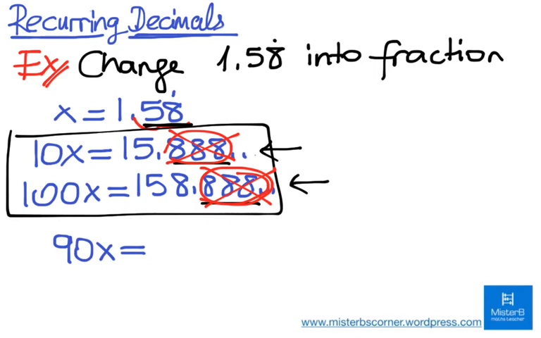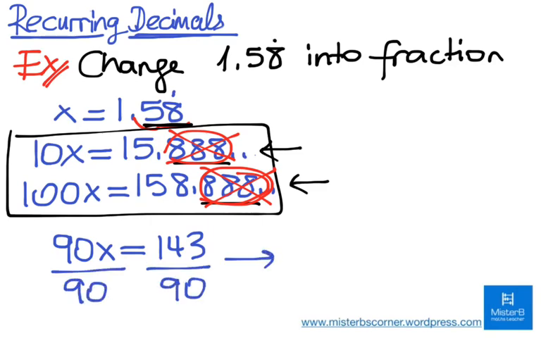So it's going to be 158 minus 15, which will be 143. Now again, I'm going to leave x alone to find my fraction, which will be x equals 143 over 90. So this is my fraction for this recurring decimal.